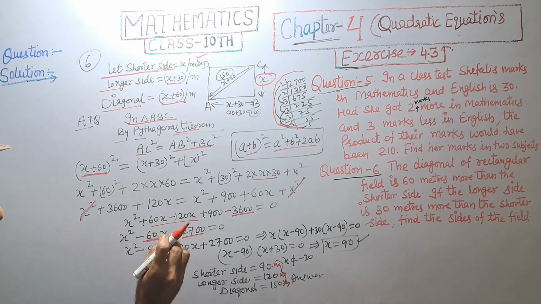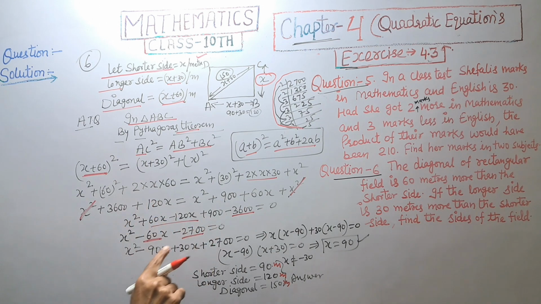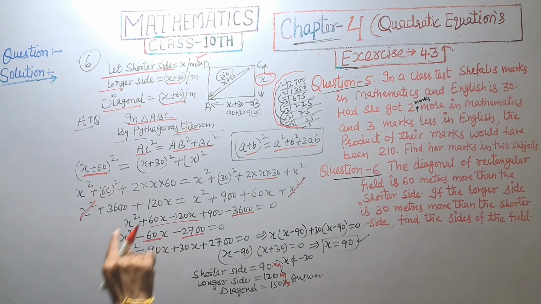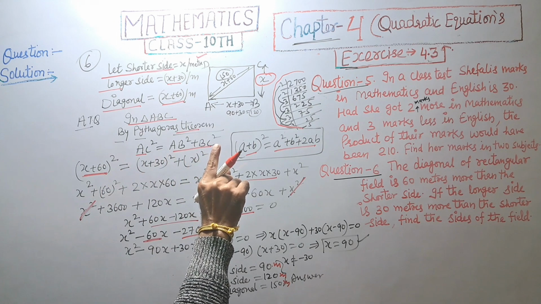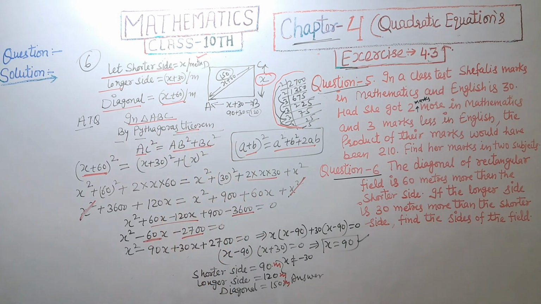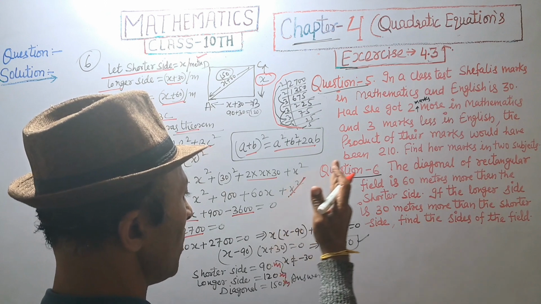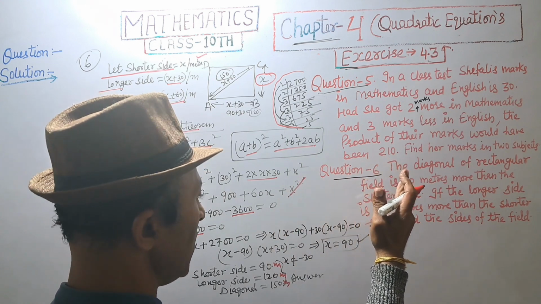Minus 90x plus 30x is equal to 60x. 90 minus 30 is 60, and the product of minus 90x and 30x will be minus 2700 x square. So x is taken common in the bracket x minus 90, and 30 is taken common in the bracket x minus 90, equal to 0.